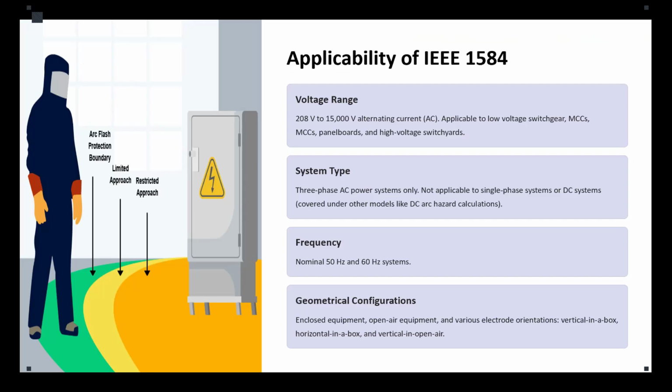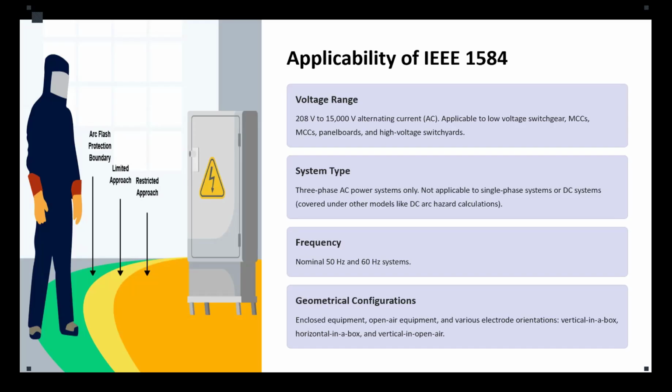Now, let's walk through the key parameters that define the applicability range of IEEE 1584. One aspect is the voltage range. IEEE 1584 is only valid for AC systems, alternating current systems, operating with a nominal voltage of 208 volts up to 15 kilovolts. So this is the range.